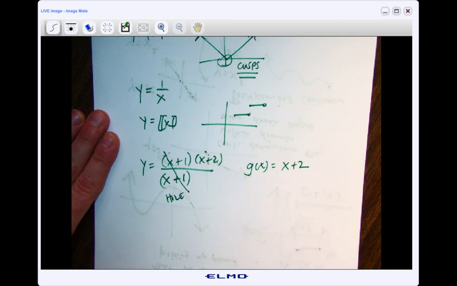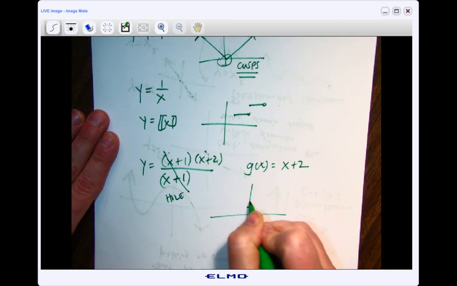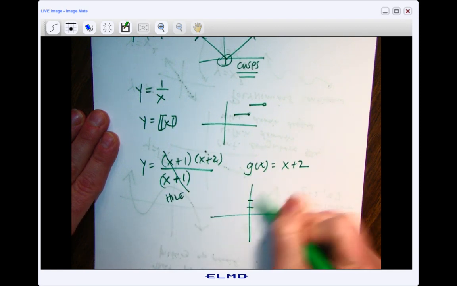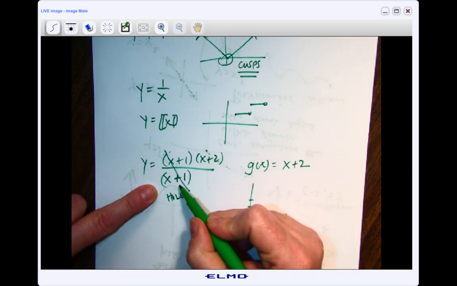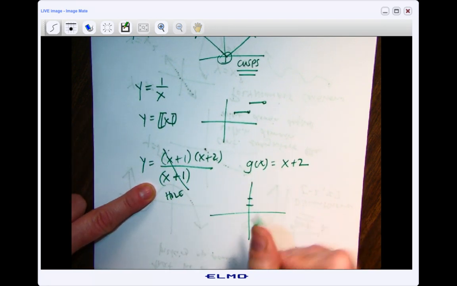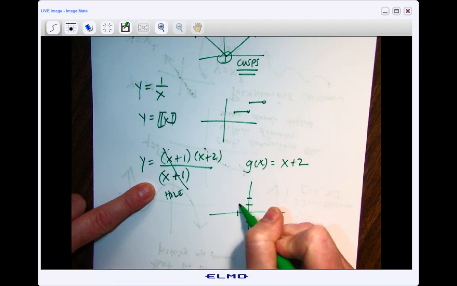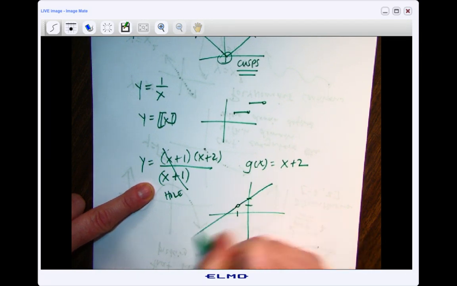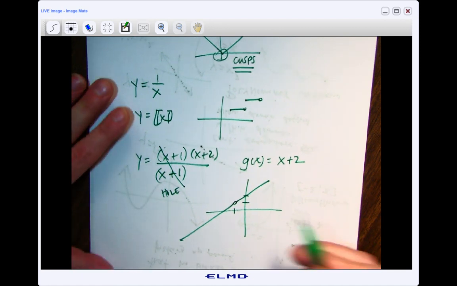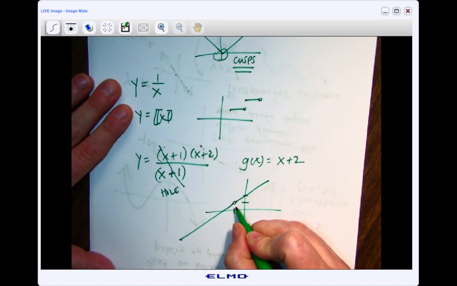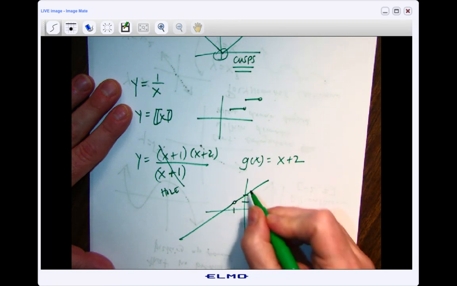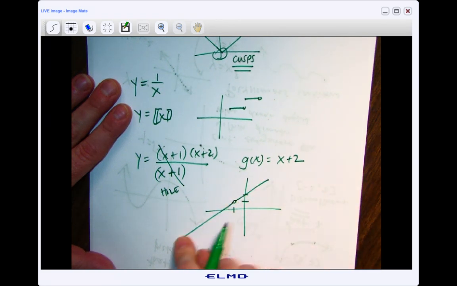So this is actually like a line with a hole. There's going to be a hole where x is equal to -1. So over here at -1, I guess that would be here. This one's actually discontinuous. There's a moment where I had to pick up my pencil to get over that hole. But everywhere else, it's continuous.